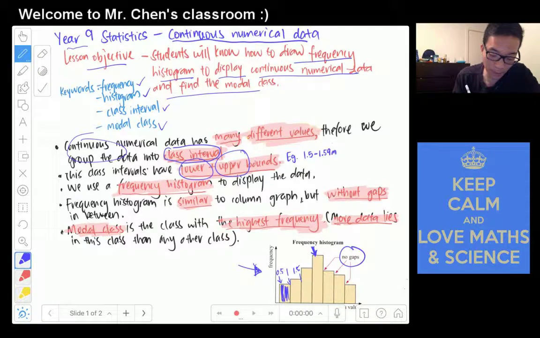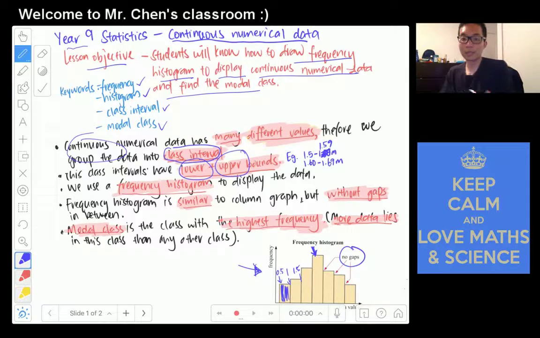Then the next one starts at 1.6, because after 1.59 it's 1.6, and goes from 1.6 to 1.69 meters. That's another class. Then you count how many students are in each one and put that number in.